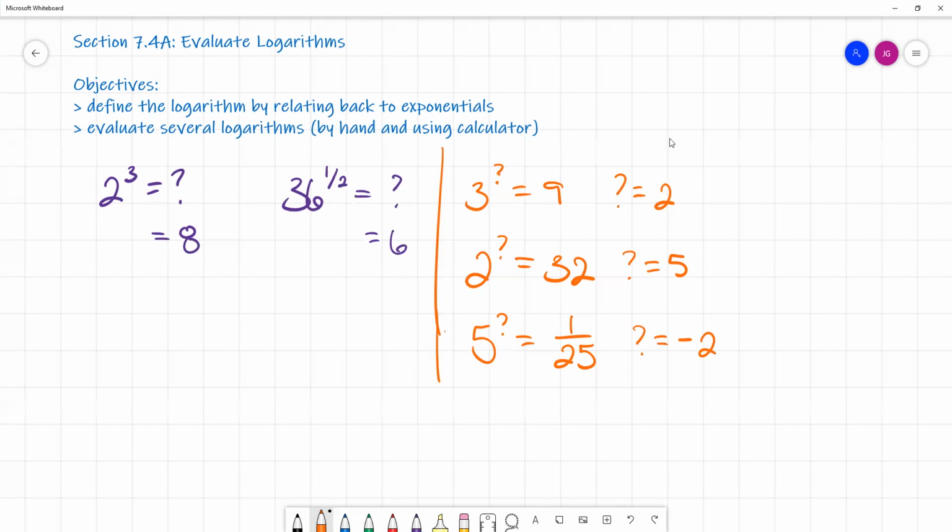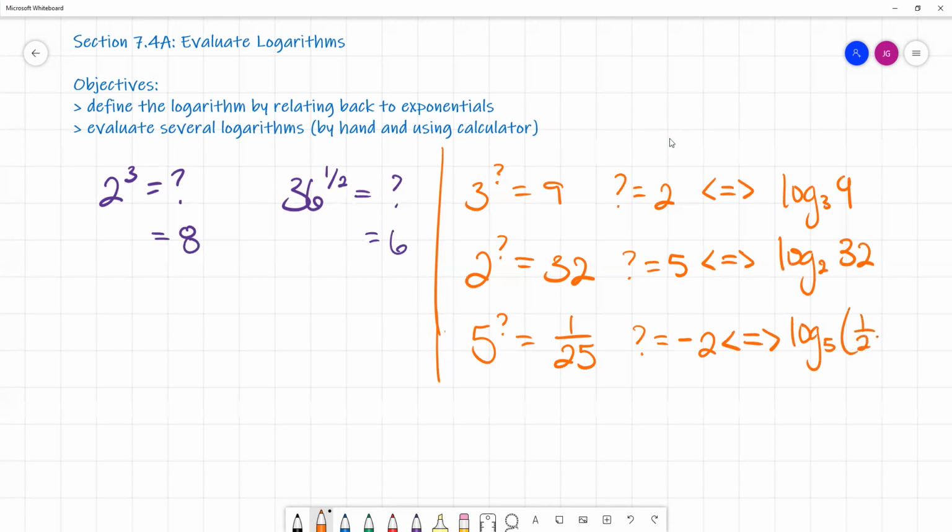What you just did, by figuring out what these exponents are that make these sentences true, is this little symbol right here means equivalent to, the same as. You pretty much just figured out what the log base 3 of 9 is, what the log base 2 of 32 is, and what the log base 5 of 1 over 25 is.